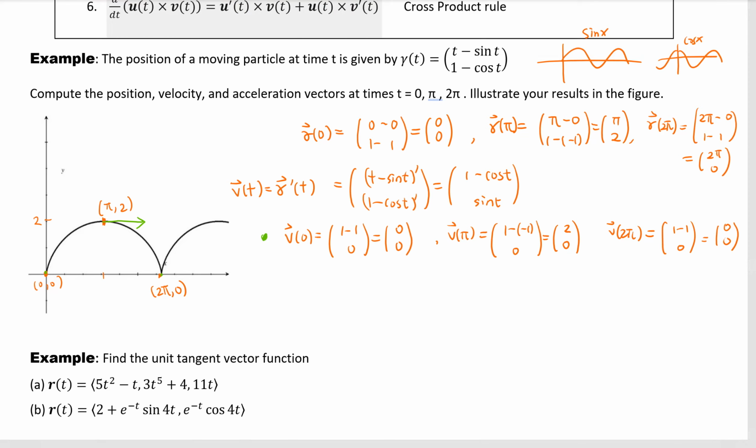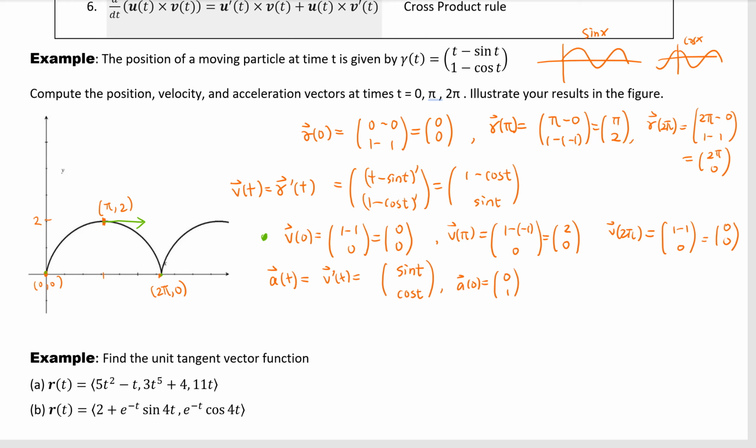Then we have acceleration. Acceleration is the derivative of the velocity. Derivative of 1 is 0. Derivative of cosine is minus sine, but because there are two negatives multiplied together, it gives us sine t. Derivative of sine t is cosine t. So a of 0: sine 0 is 0, cosine 0 is 1.